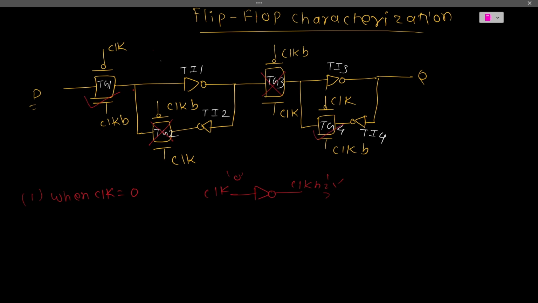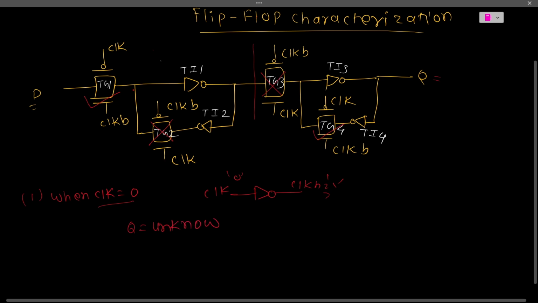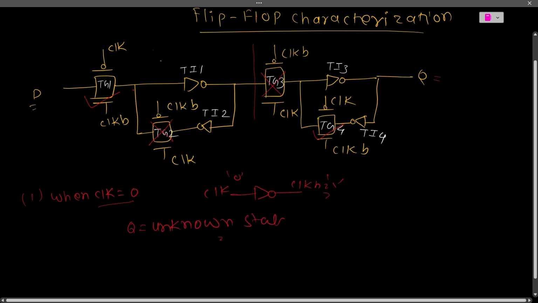At the output there is no data coming out right now at our initial stage, so Q will be in unknown state. So when clock is equal to 0, Q is in unknown state. Now when clock is equal to 1, at that time clock bar is equal to 0.